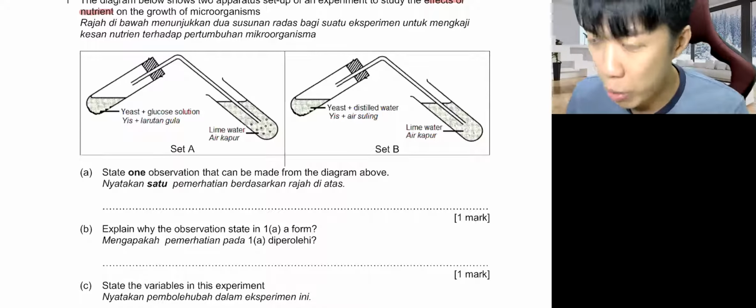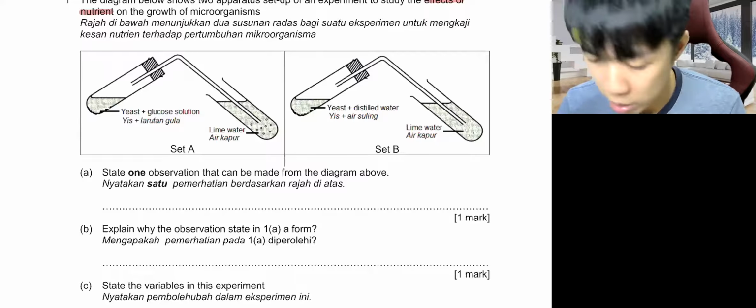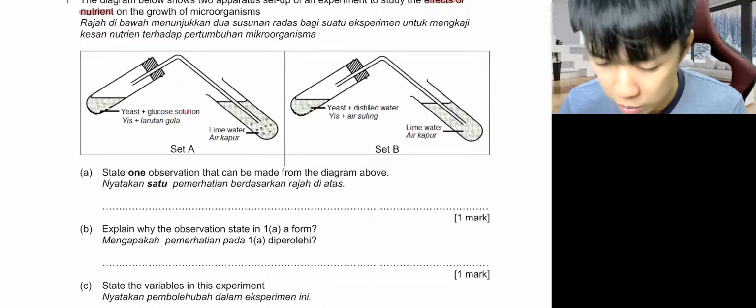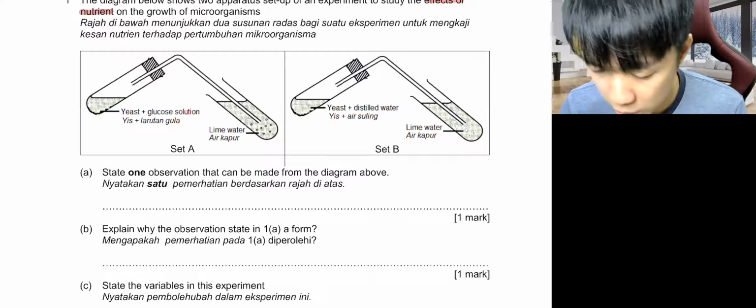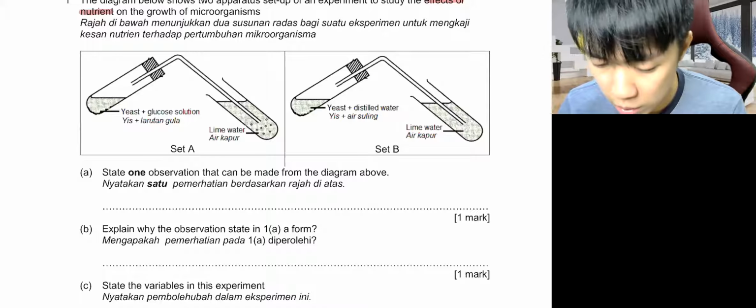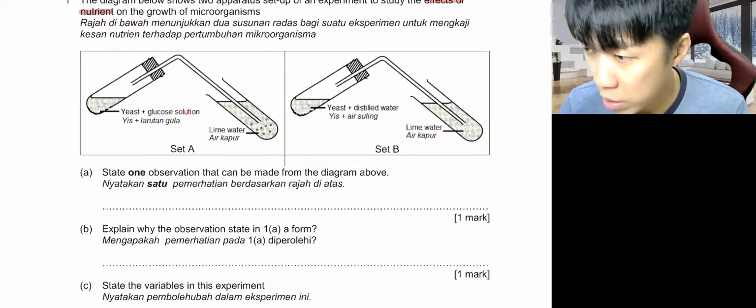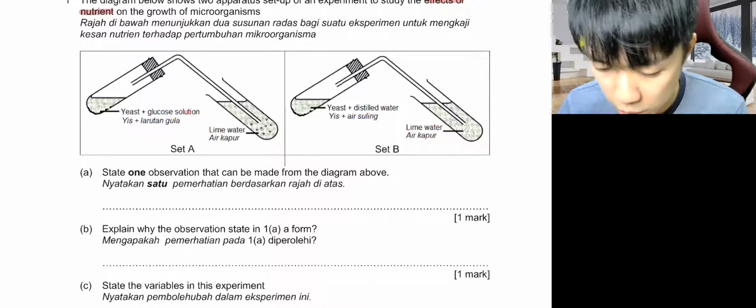What about the other one that I mentioned, the more straightforward one? Let me show you. There you go.